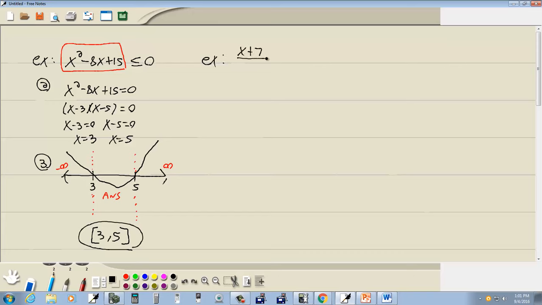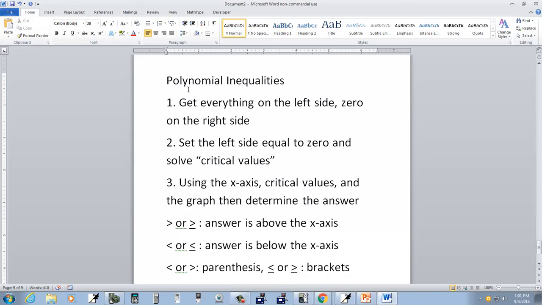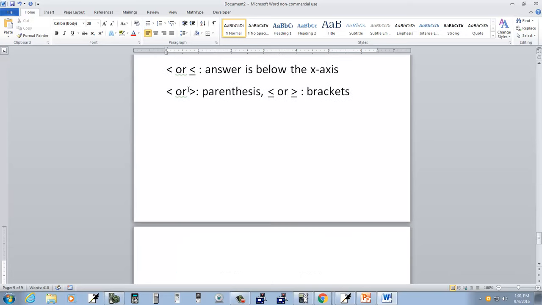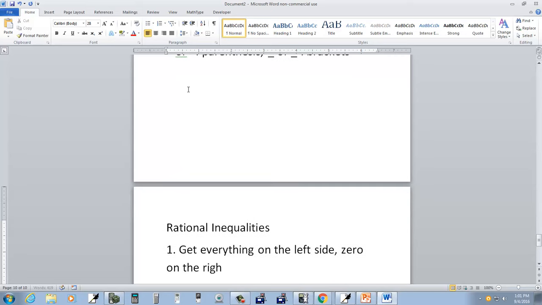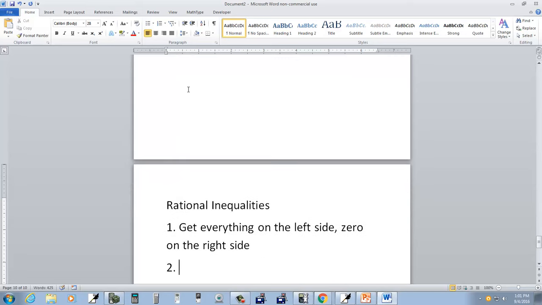Now, if you had rational inequalities, let's say I had this right here. x plus 7 over x minus 2 is greater than 0. So rational inequalities. Step 1. Get everything on the left side and 0 on the right side. Step 2.